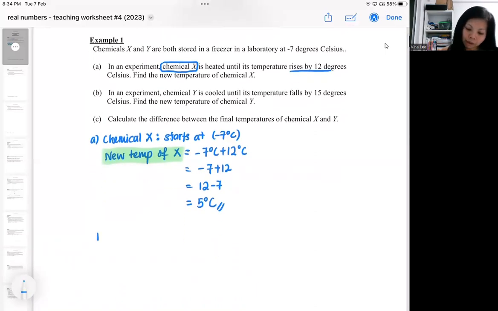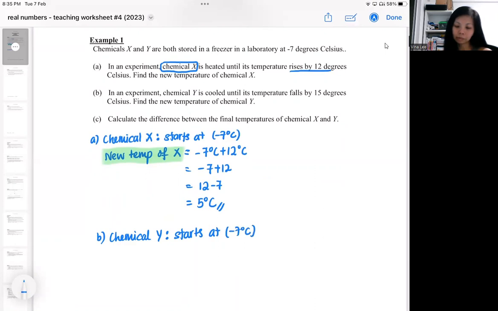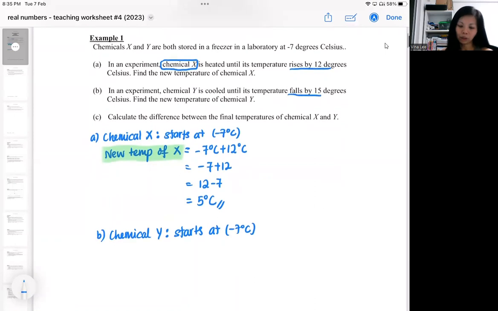Then for part B, we are cooling chemical Y. Chemical Y is also starting at -7 degrees. When you cool down, that means you are subtracting. The temperature falls, you are dropping it, so you are subtracting it.